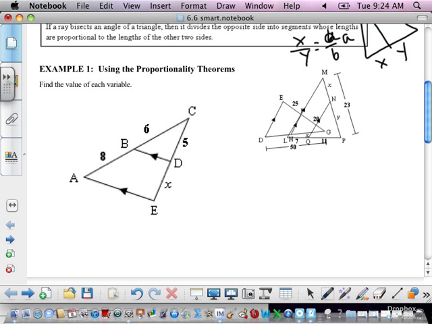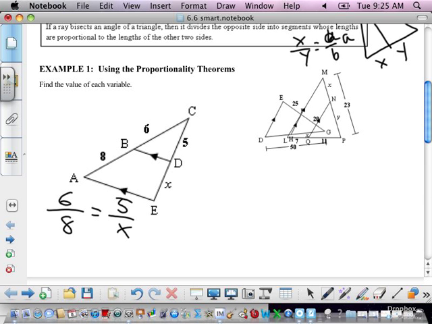So what's proportional? So we've got CB over AB. So that side is proportional to this side. So I know this is really new and looks different.